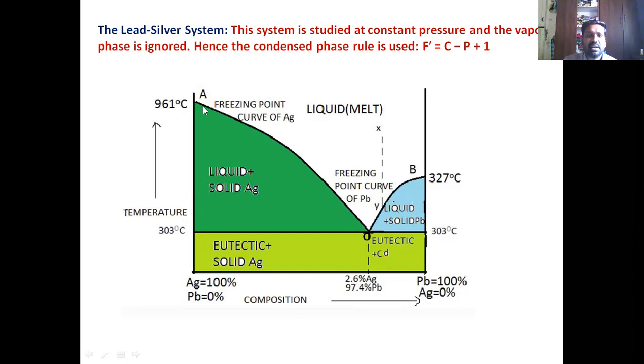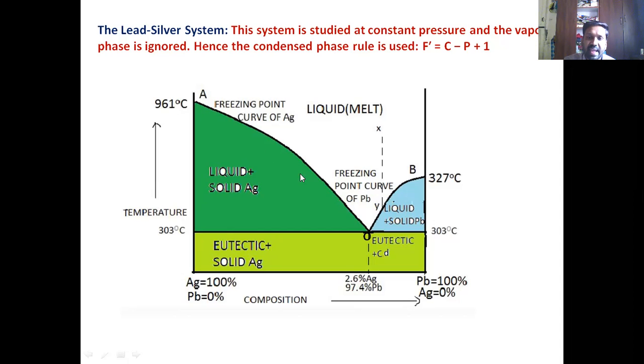As the percentage of silver decreases in the alloy, the melting point simply comes down, down, down, and reaches a minimum. Let us talk about this minimum later. Similarly, as the percentage of lead decreases in the alloy, there is a decrease in the melting point also.